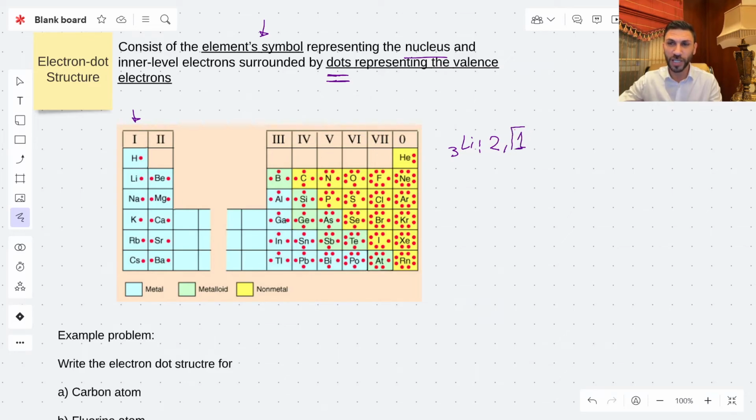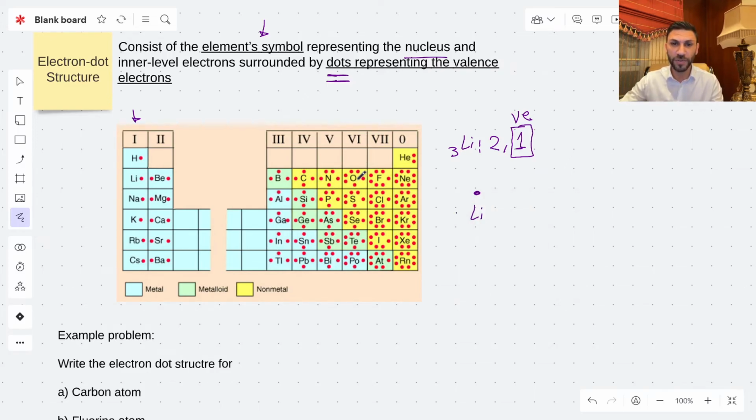So the outer shell electrons, the valence electrons, are 1. So if I'm going to write the Lewis structure or the electron dot structure for lithium, we need to write the element symbol, which is Li, and then we write dots for however many valence electrons we have, and we have only 1 valence electron, so I'm going to write only 1 dot.